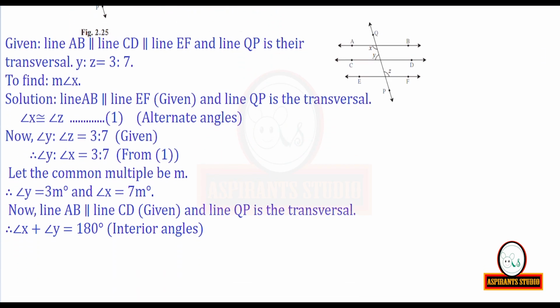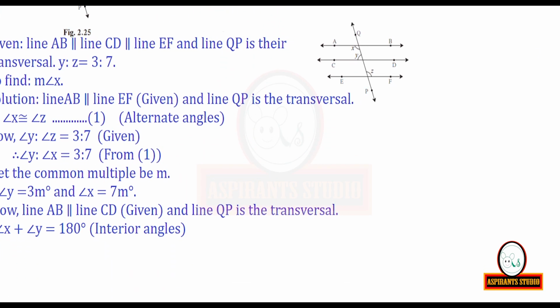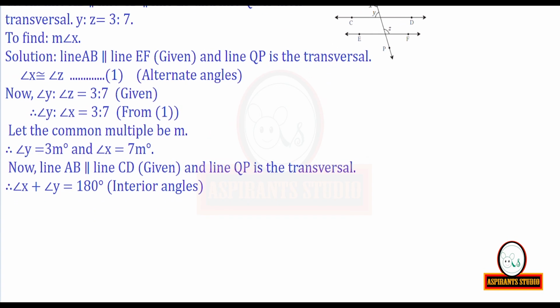Instead of measure of angle X, we can substitute 7m degrees, and instead of measure of angle Y, we can substitute 3m degrees. So, we get 7m degrees plus 3m degrees is equal to 180 degrees.